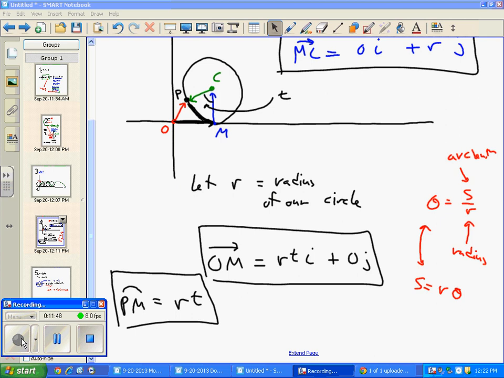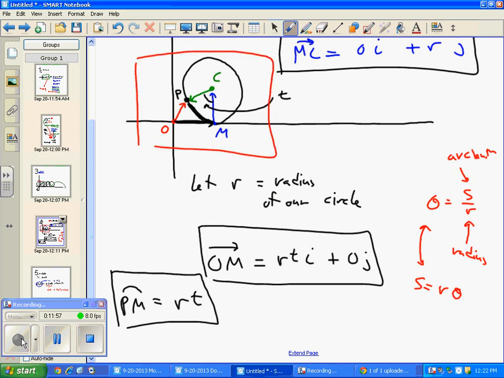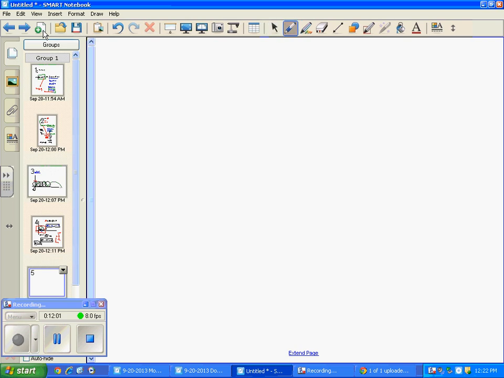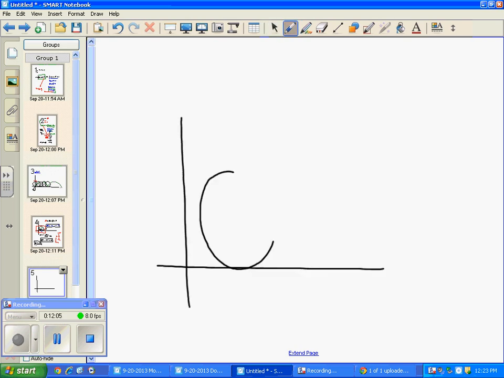So we have two of the vectors. I'd like to get that third vector, PC. So what I want you to imagine is we're going to take this section of the graph here, and we're just going to make it a little bigger. We're going to remove it from the picture. Let's do that. I'll redraw it. Here's that circle. Here we are.